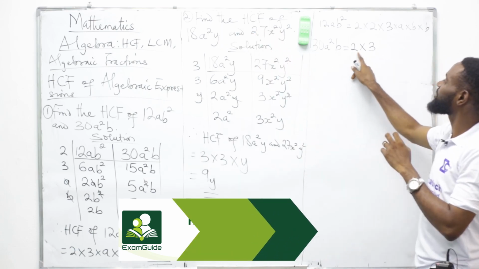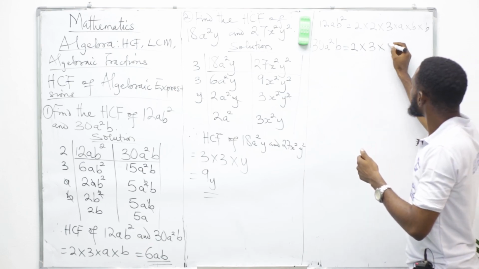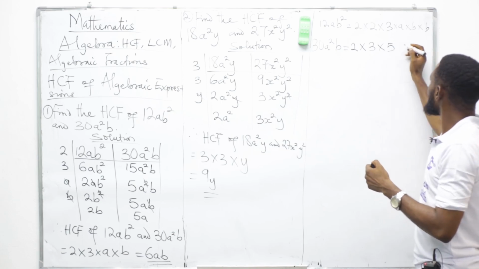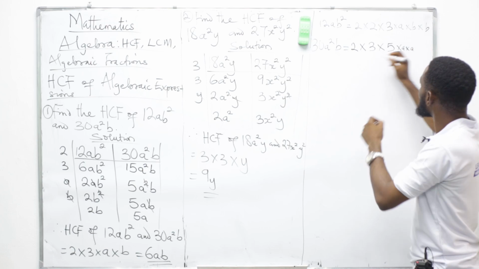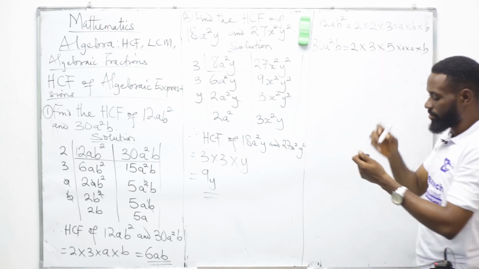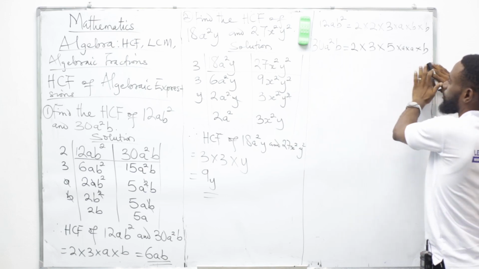So 2 times 3 gives us 6. Then 6 times 5 gives us 30, times a squared, which means a times a, then times b. Okay? Now we have opened this in an expansion form.